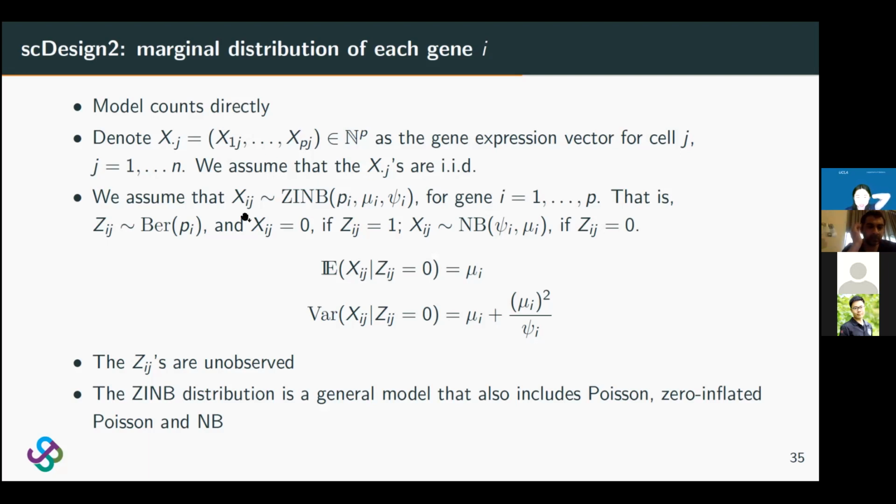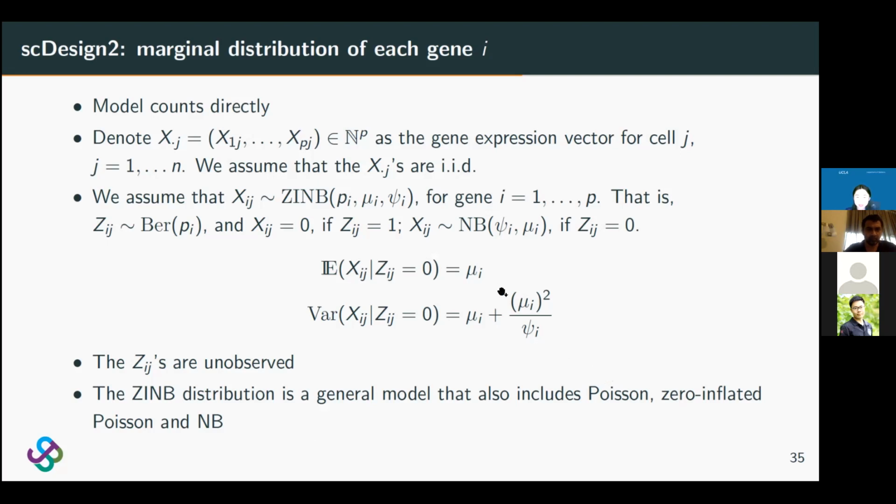And then for gene i, we consider X_ij to come from a gene-specific distribution. Here we consider the zero-inflated negative binomial as the distribution. It has the gene-specific proportion parameter π_i for being on, μ_i is the gene-specific mean, and ψ_i is the gene-specific dispersion. The ZINB is a general model that includes NB, Poisson, and zero-inflated Poisson.